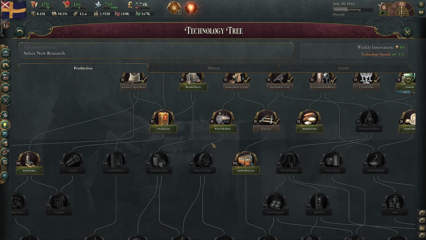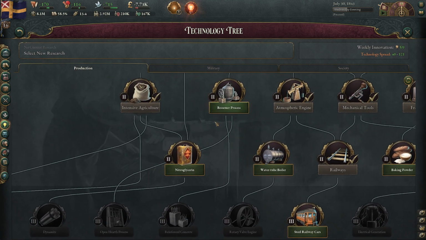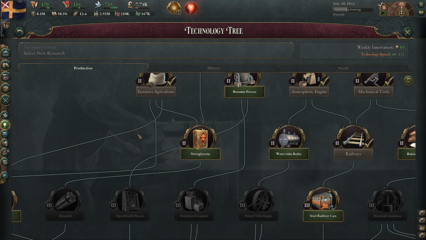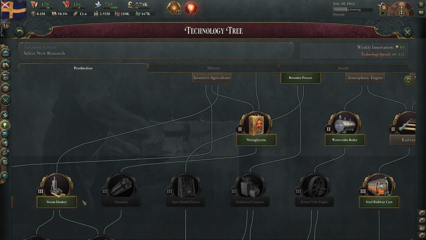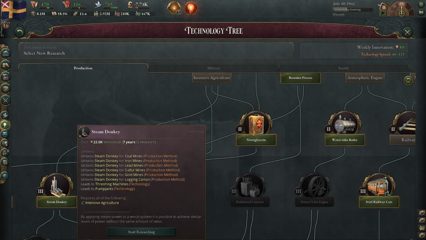I think we'll stick with production. Now, nitroglycerine could be a good one, because what that will do is allow us to expand our mines or put a new production method in the mines. I've got to remember to get my head around that. And that actually leads to dynamite.